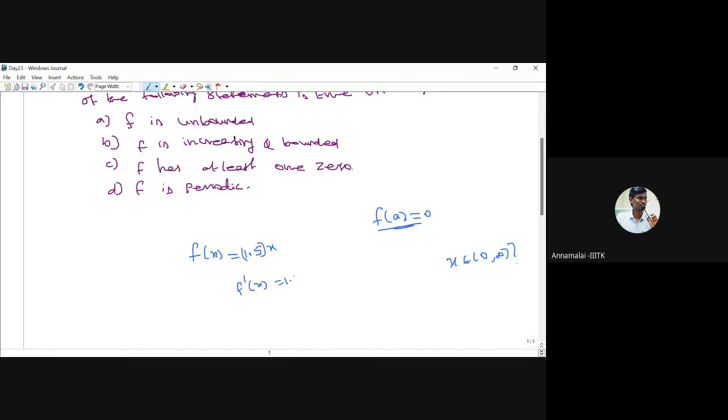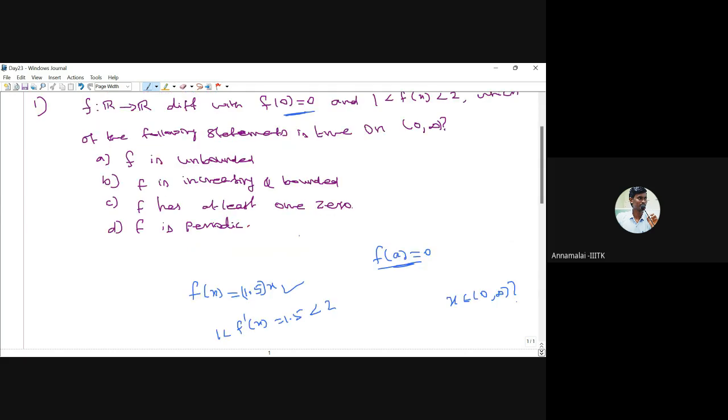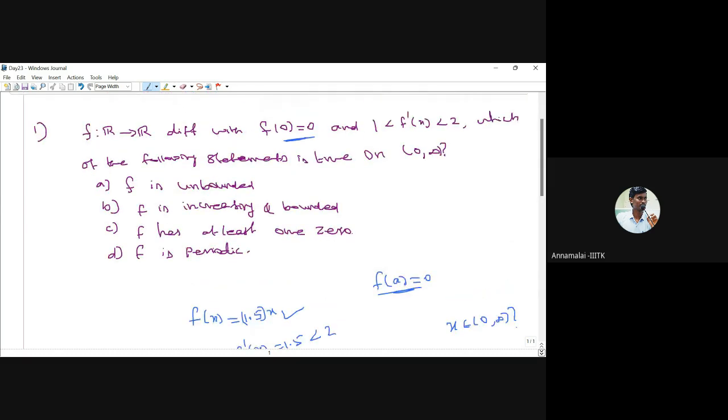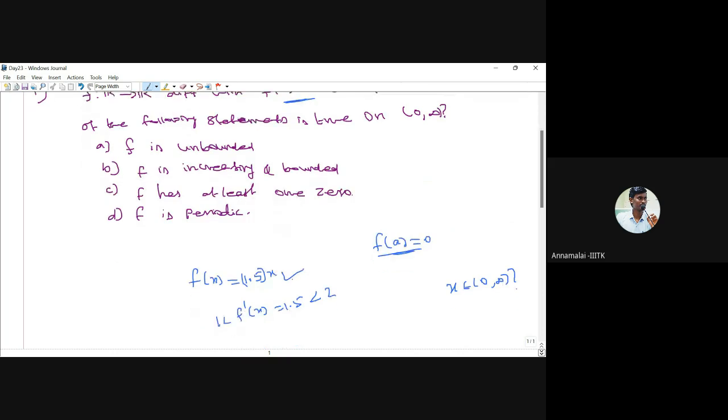It's just 1.5, which is bigger than 1 and less than 2. Therefore this function satisfies the given assumptions. It is a differentiable function, f of 0 is 0, and the derivative always lies between 1 and 2. Since x varies from 0 to infinity, this is an unbounded function, because x is multiplied by a constant. If x varies, then f of x varies, so f of x is unbounded.